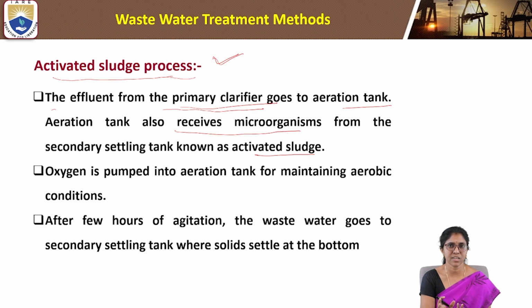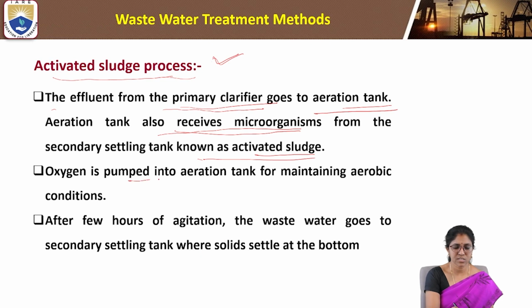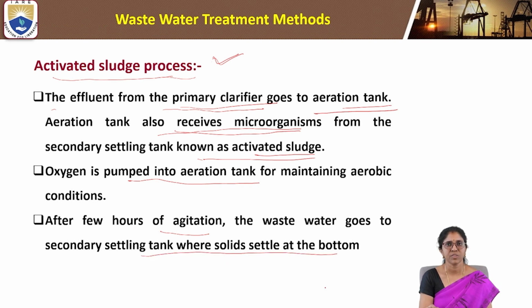Oxygen is pumped into the aeration tank for maintaining aerobic conditions. After a few hours of agitation, the wastewater goes to the secondary settling tank, where solids settle down at the bottom. So this is the activated sludge process.